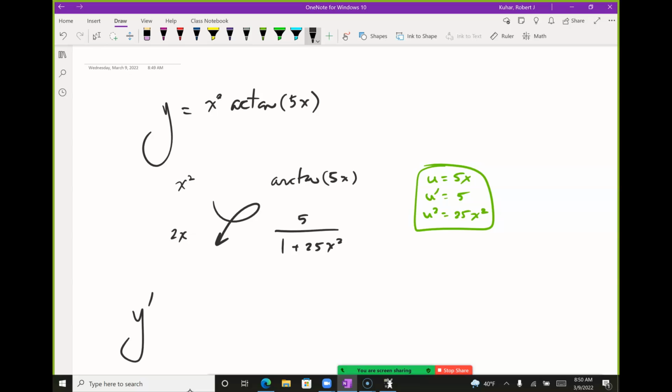So y prime is, so Chiamako okay here? Good, so y prime, it looks like 5x squared over 1 plus 25x squared plus 2x times the arctan of 5x. Now, there's no way to get this to be prettier.